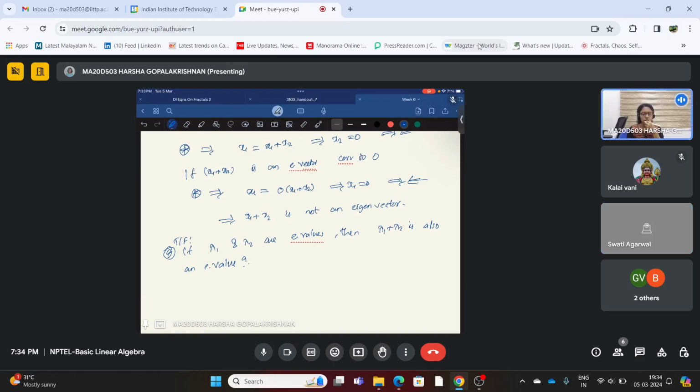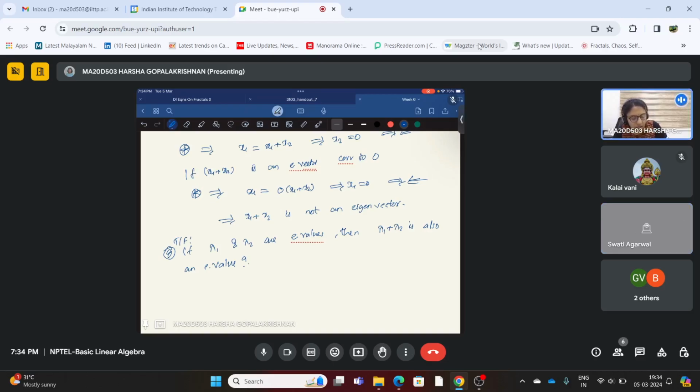Sum of eigenvalues. I was thinking that if the characteristic equation has some roots, then their sum may not be a root. Yes, very good.